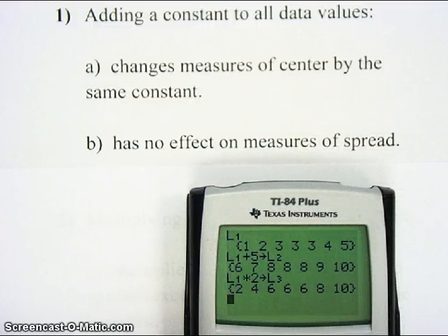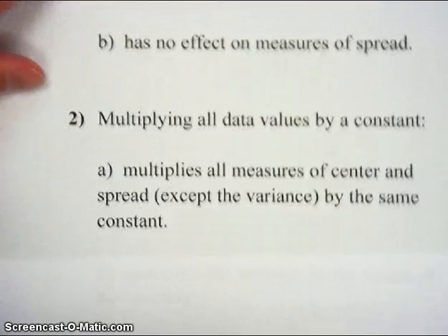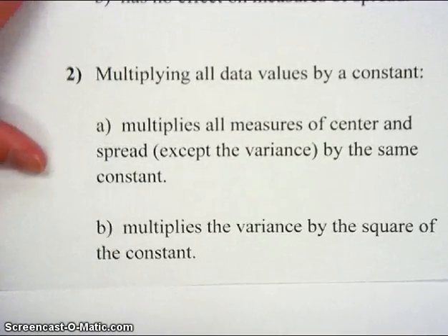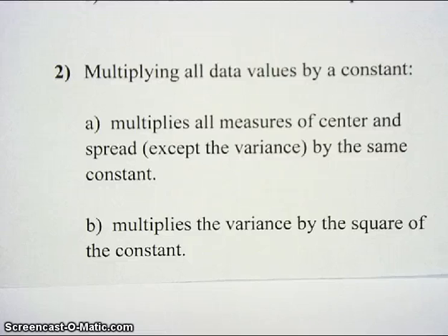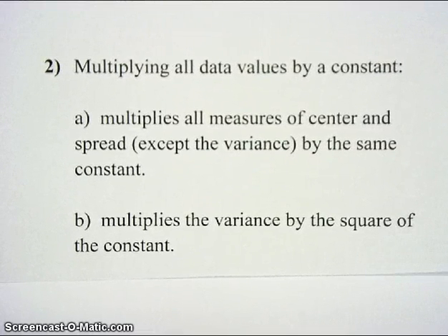So when you multiply all of your data values by a constant, you're not only going to multiply all of your measures of center by that constant, you're also going to multiply your measures of spread by that constant, with one exception. And that is the variance. Okay, if you multiply all of your data values by a constant, you're going to multiply all of your measures of center and spread, except the variance, by that same constant. The variance is a little bit trickier.